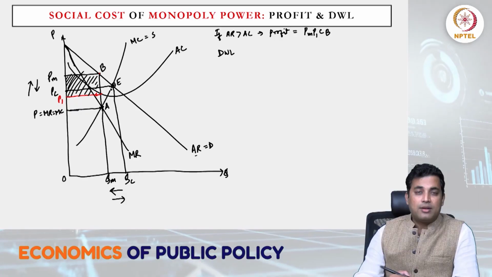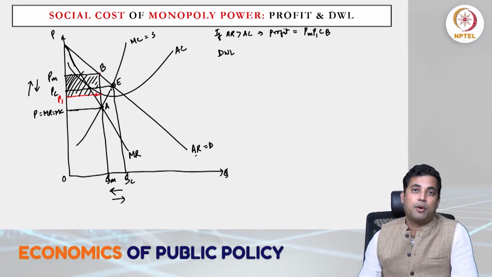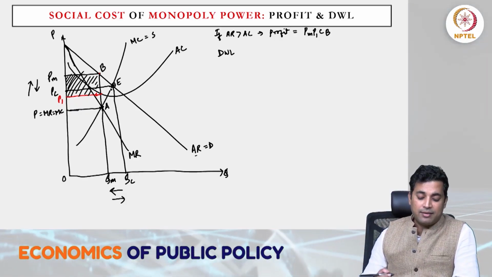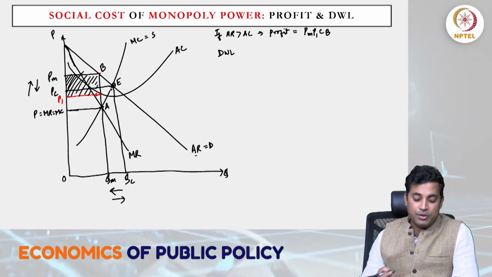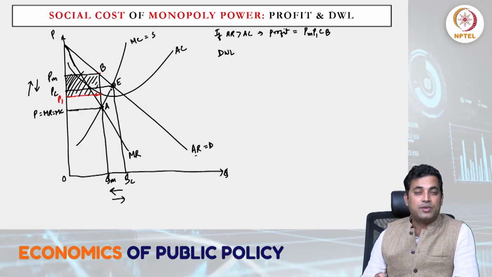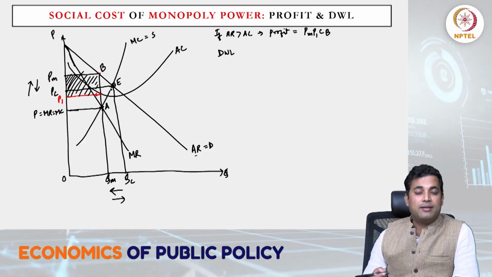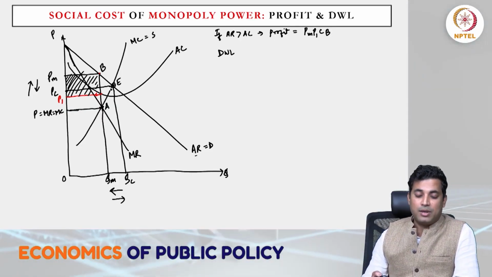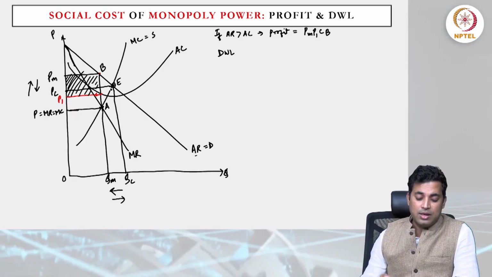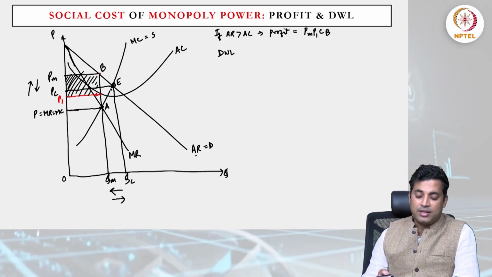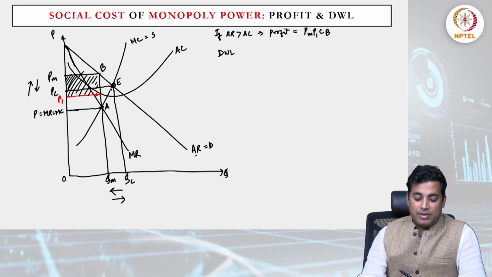If we go ahead with monopoly production, some quantity will be reduced and the price will be higher, so definitely some amount of social loss arises, and that is the deadweight loss. Let us see what the deadweight loss is here.